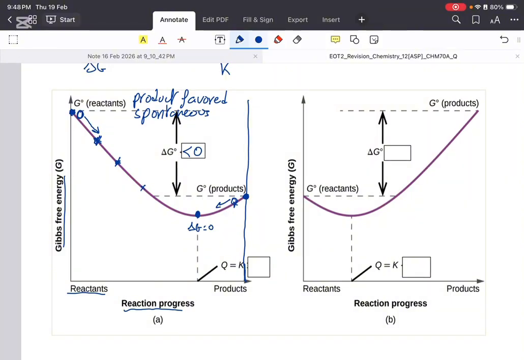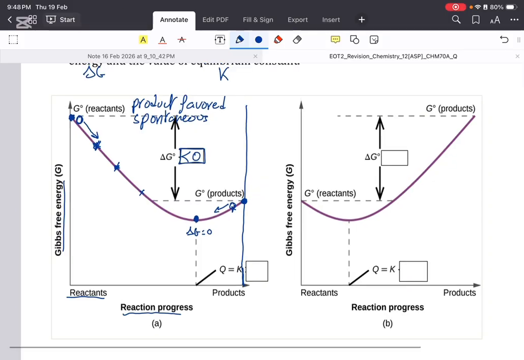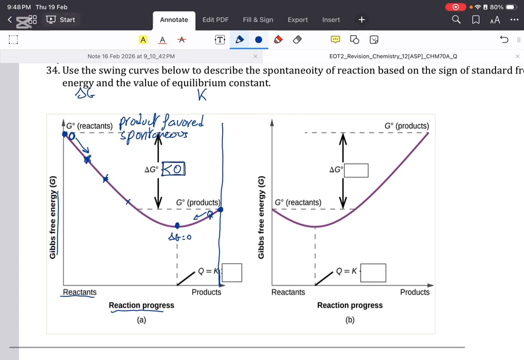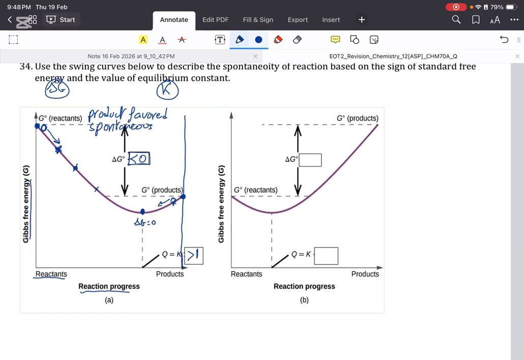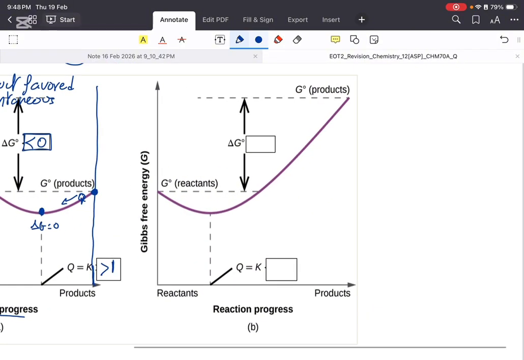So final minus initial will always give me a negative value. And if a reaction is favored, then definitely K is larger than 1. And this is what they ask in the question, to predict the sign of delta G and the value of K. Now let's look at the other graph.